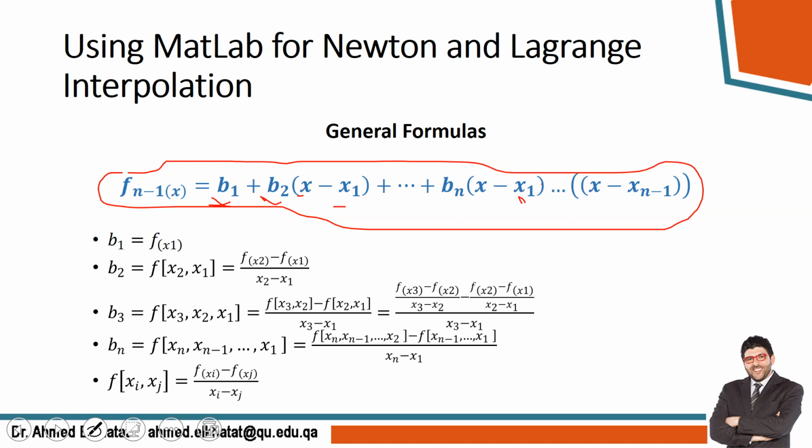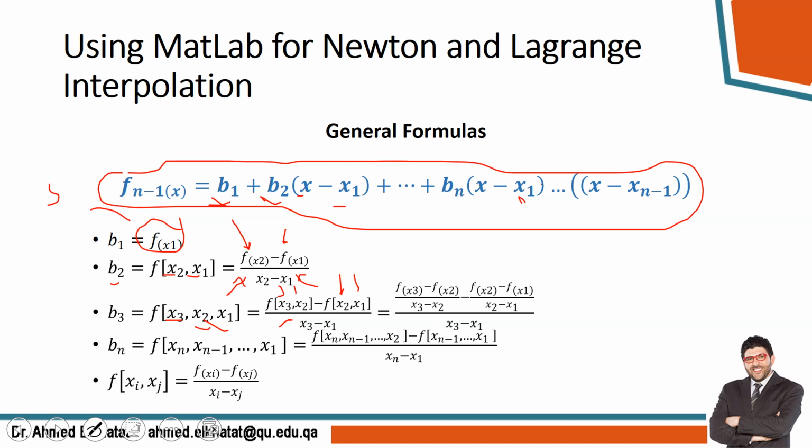Now P1 is the function of f(x1), or y, and P2 is a function of both x2 and x1, and it's equal to (f(x2) minus f(x1)) over (x2 minus x1). And P3 will be a function of x3, x2 and x1, so it will be f(x3, x2) minus f(x2, x1), divided by x3 minus x1.